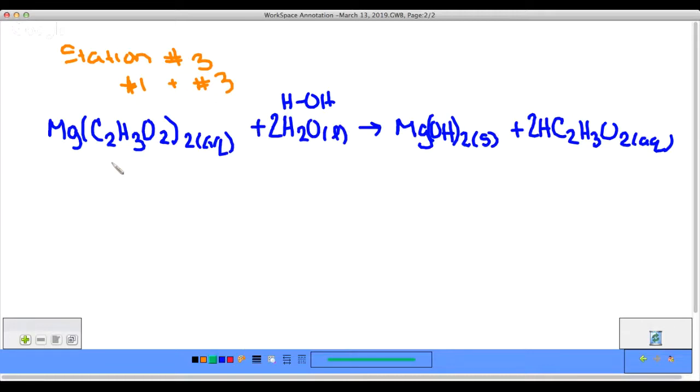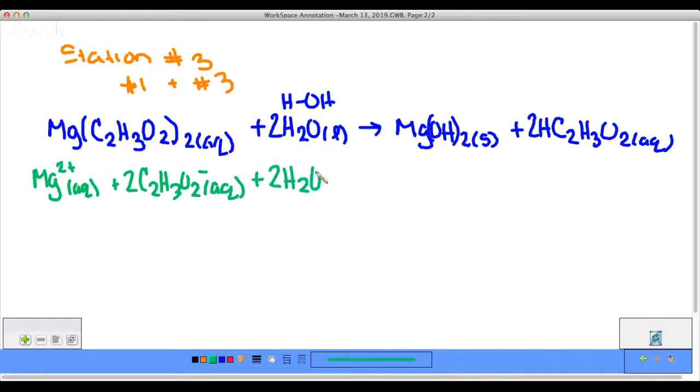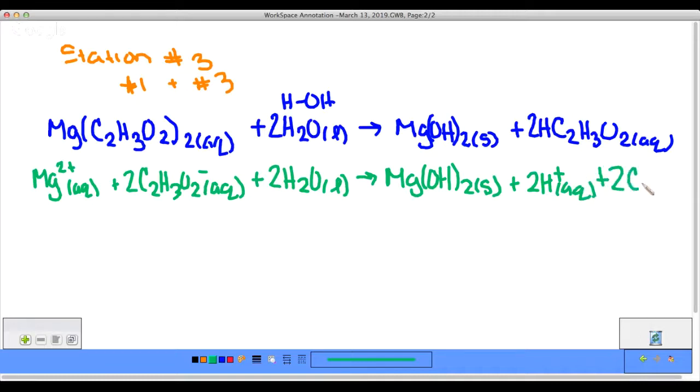So let's go ahead and write out my ions. This is an aqueous solution, so it will break off into ions. So we're going to have magnesium with a 2+ charge. That's aqueous. We're going to have 2 of these. These each have a negative charge, and this is aqueous. We're going to have 2 moles of water. Keep magnesium hydroxide together because that's a solid. And then we're going to have 2 moles of hydrogen ions and 2 moles of acetate.